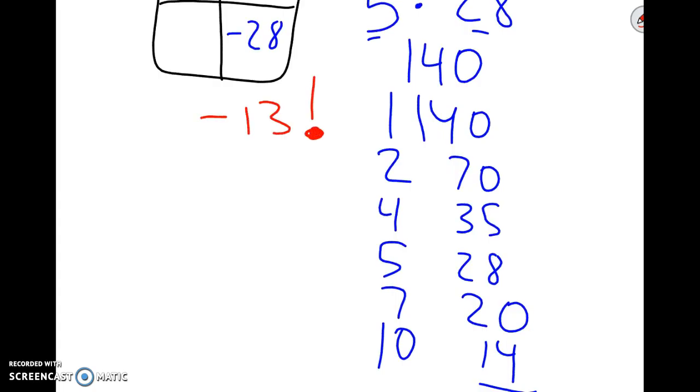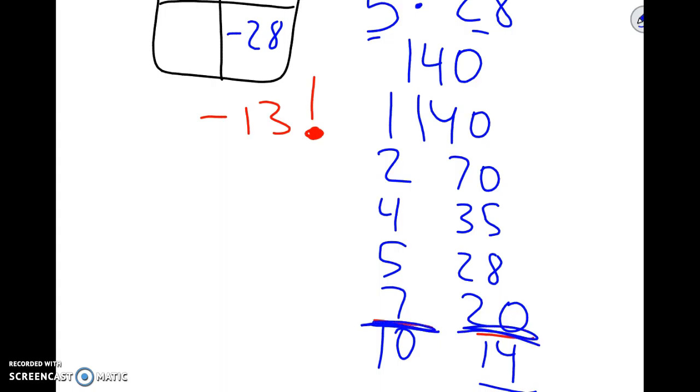I want negative 13. 1 and 140? No. 2 and 70? No. 4 and 30? No. 5 and no. 7 and 20? Yes, 7 and 20. Okay, so what is my math problem? Is my math problem 20 minus 7? Or is my math problem 7 minus 20?